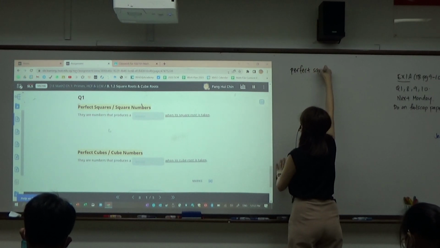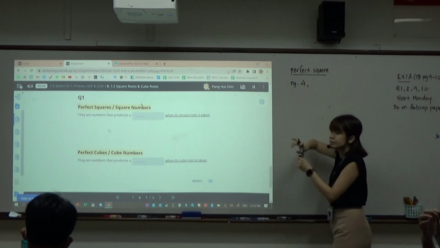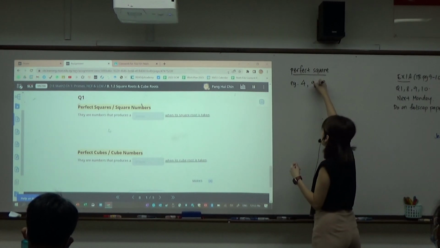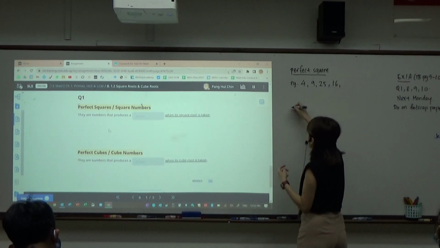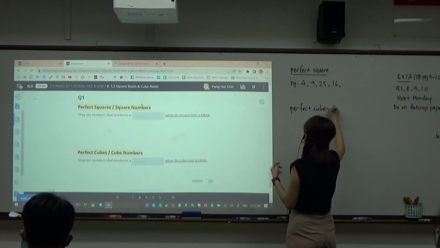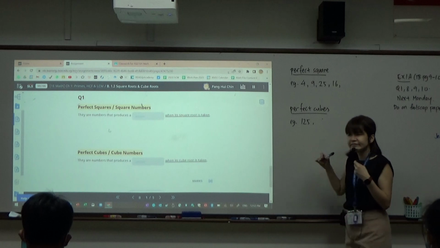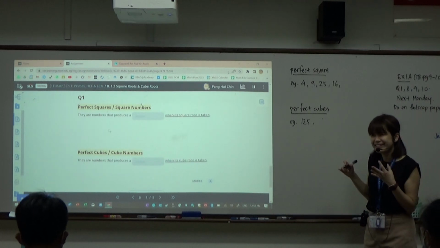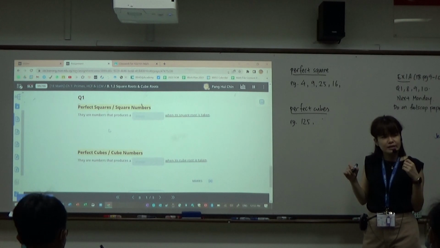What is an example of a perfect square? 4. What else? 9. 25. 16. Okay, I think you get the idea. What about perfect cubes? 125. 18, you sure? 81?